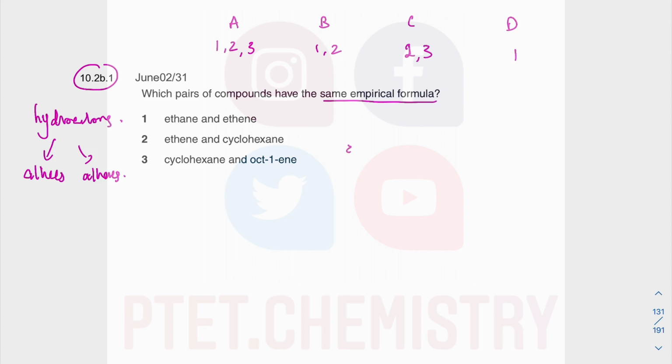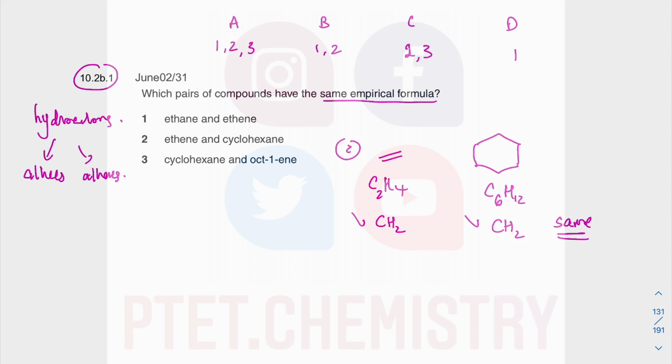If I look at option 2, I have ethene, which is C2H4, and cyclohexane, a cyclic alkane, which is C6H12. The simplest ratio is CH2. You divide by 2 throughout, you get 1 and 2. You divide by 6 throughout, you get CH2 and CH2. They are the same. So the empirical formula is the same here.